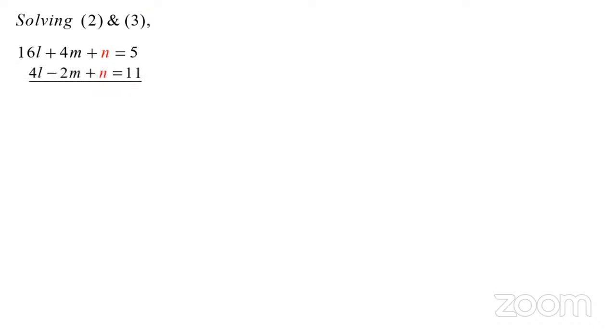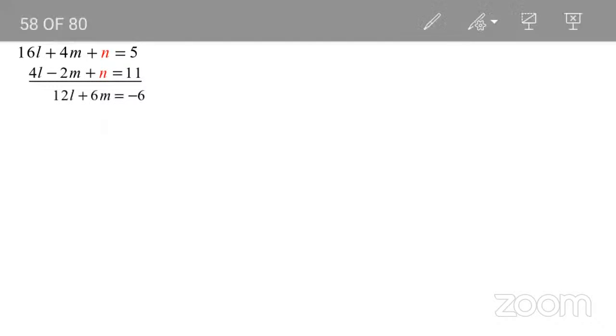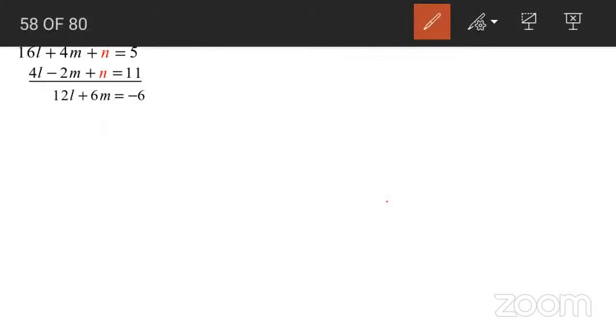First we solve 2 and 3: 16L plus 4M plus N equals 5 and 4L minus 2M plus N equals 11. Just subtract them. N will get cancelled.